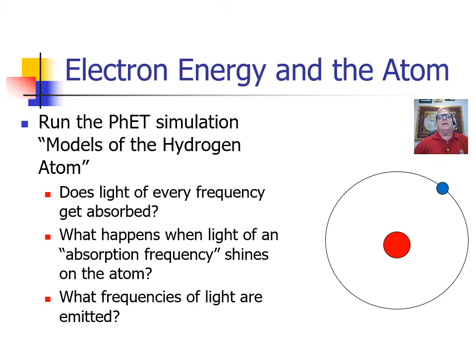The questions you should ask yourself are, does every possible frequency of light get absorbed by the atom? And what happens when light of an absorption frequency shines on the atom? And then what frequencies of light are emitted by the atom? So take a look at those questions and see if you can observe what's going on here by looking at Bohr's model of the hydrogen atom in this simulation.